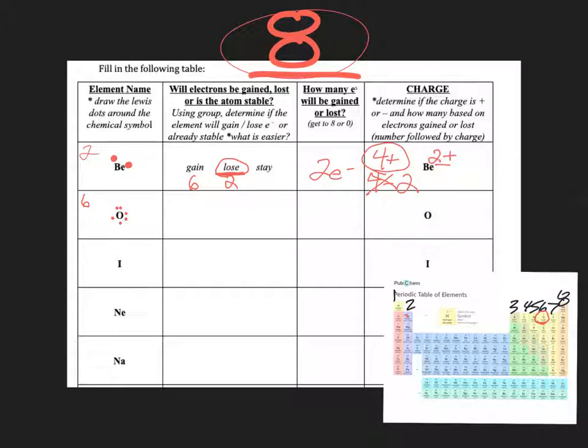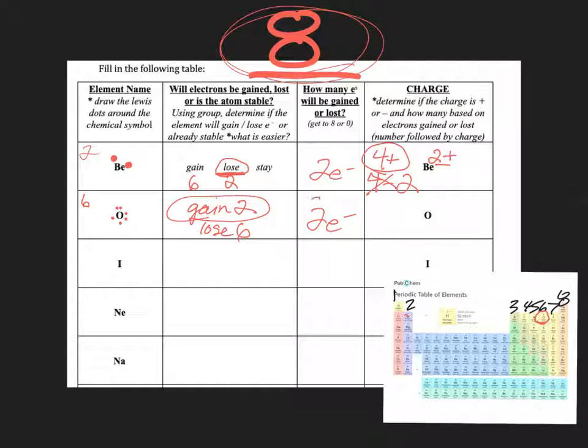Got to figure out gain, lose, or stay the same, working towards that stable 8. Choices are gain 2 or lose 6. Again, atoms are lazy, so it wants to do the easier one, which is 2 in this case. So gaining 2 electrons.